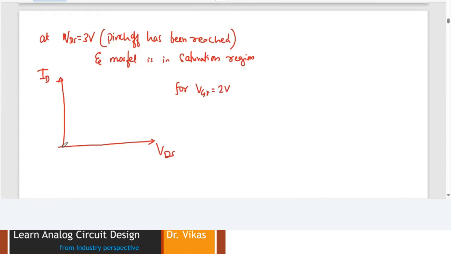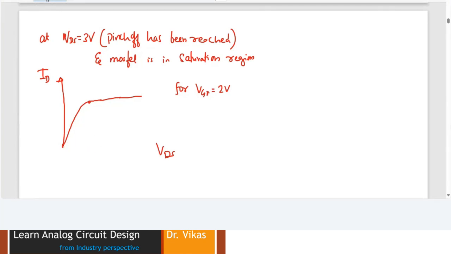We should mention that also. So initially, when you keep on increasing the voltage, the current starts to increase, and once the condition of pinch off is met, the current is going to remain constant. Constant in the sense there is a small increase, but it won't be rising very steeply. There is a small incremental rise, but that will be very small.